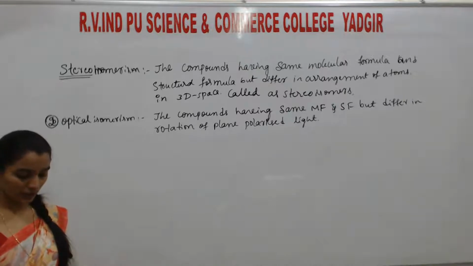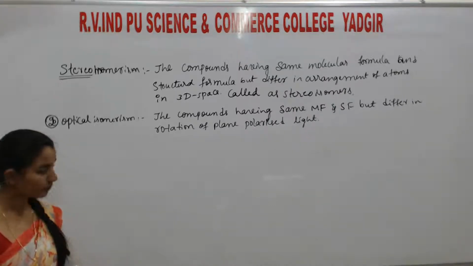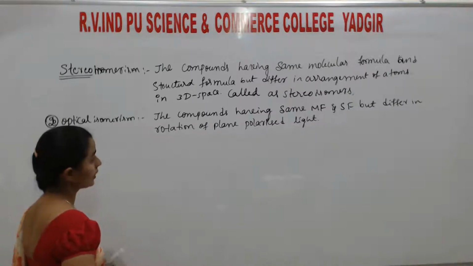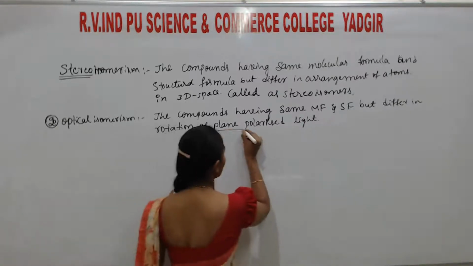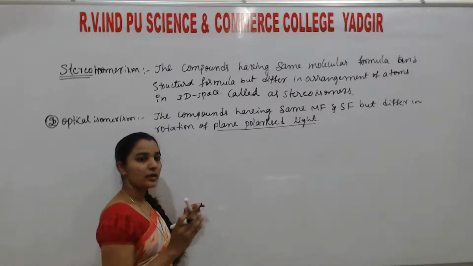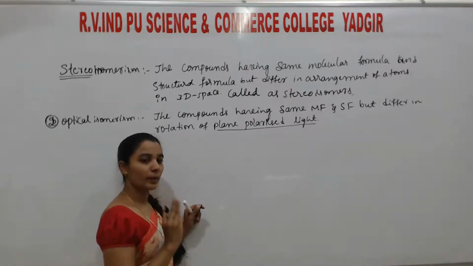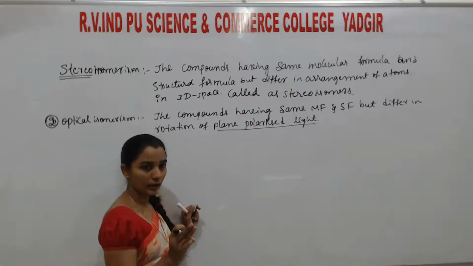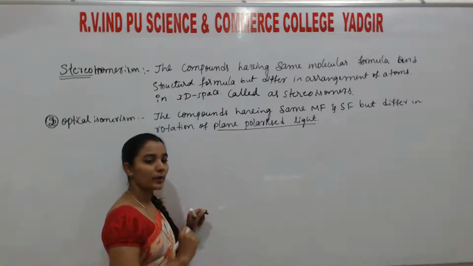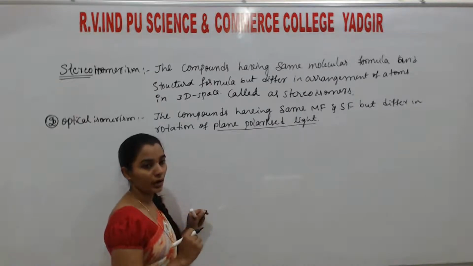Okay. What is the difference here? Plane polarized light means a light which is passed through quartz glass. So it has two planes, either perpendicular or parallel. Any one plane polarized light, either perpendicular or parallel.